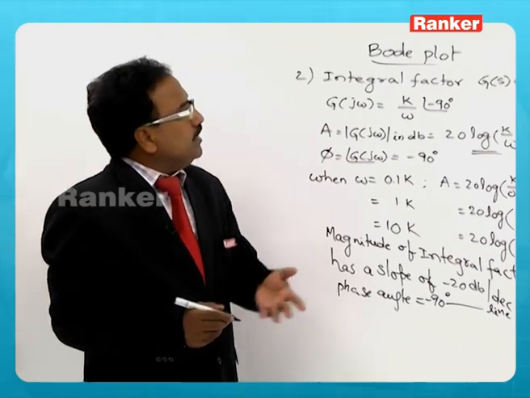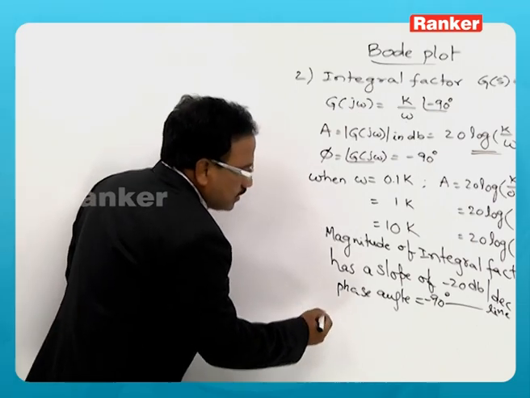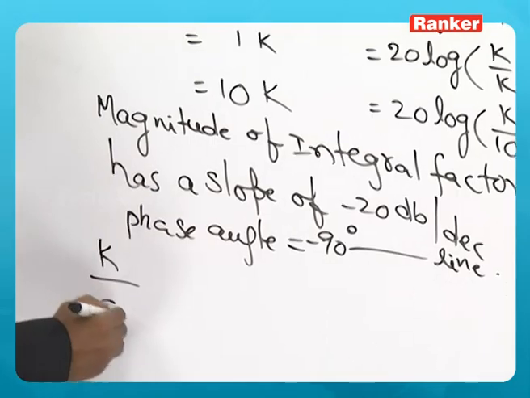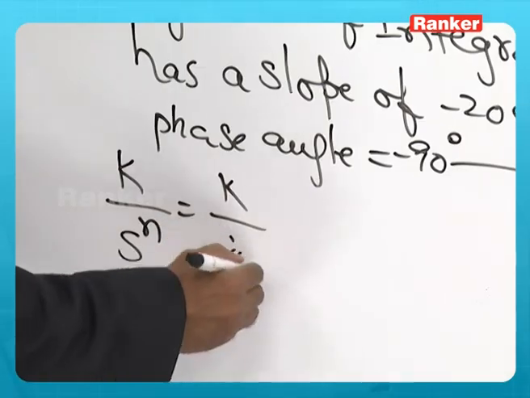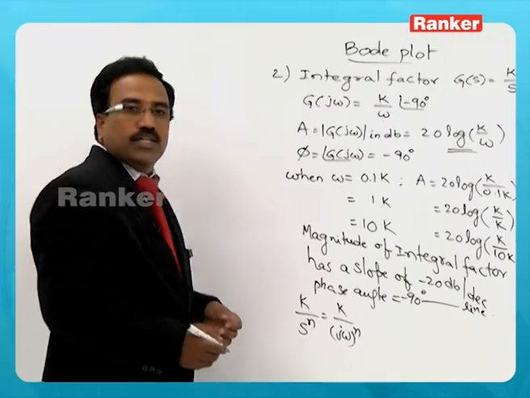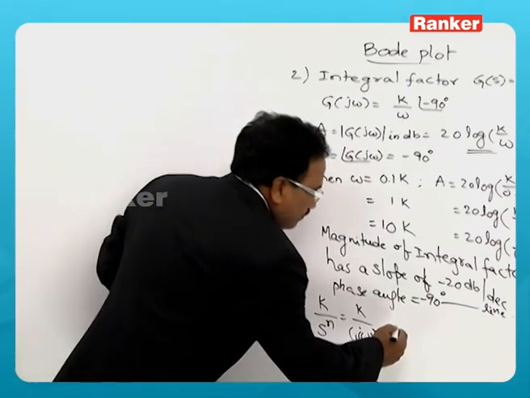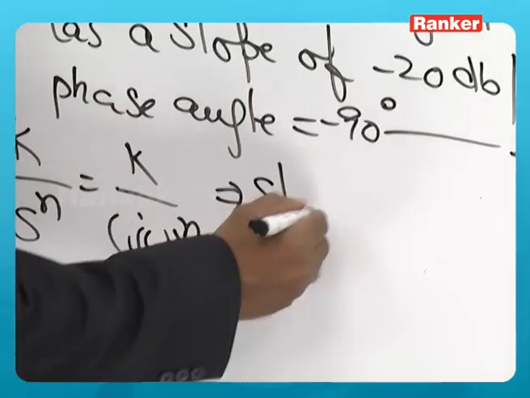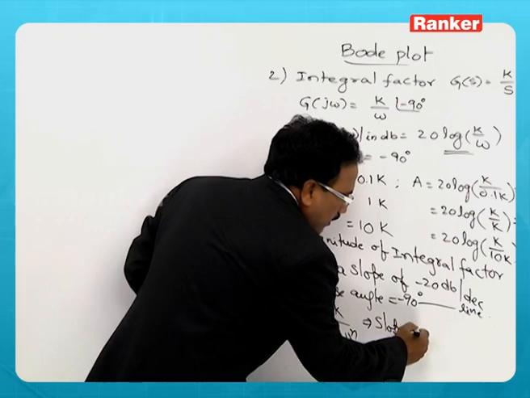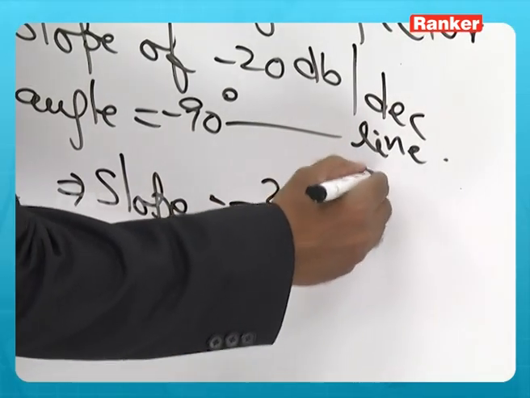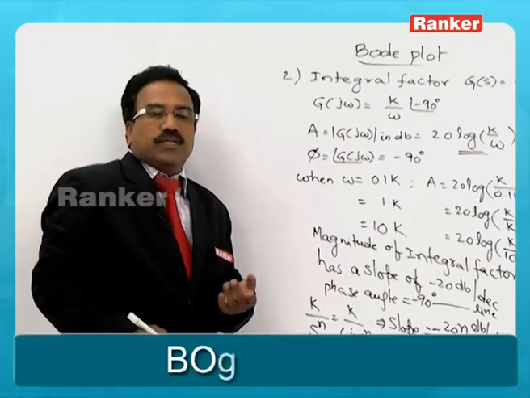If there are multiple poles at origin, means instead of k by s, you have a function k by s power n, that means k by j omega whole power n, then the slope is not just minus 20 dB per decade, but it is minus 20 n dB per decade, where n is the number of poles at origin.